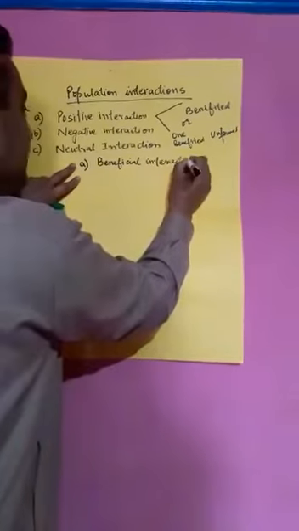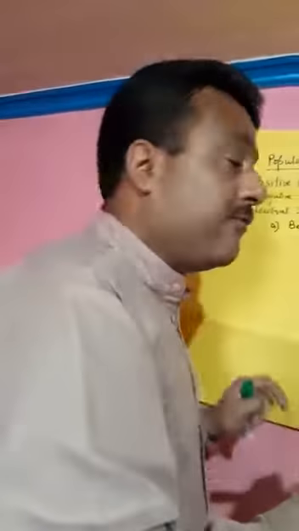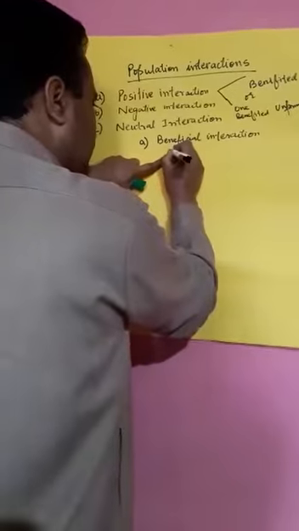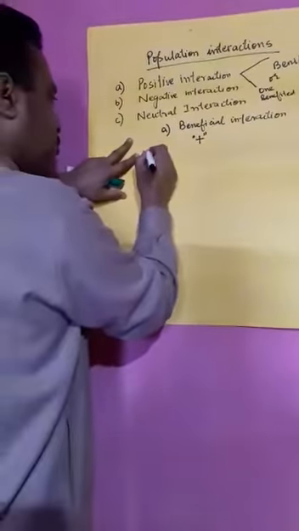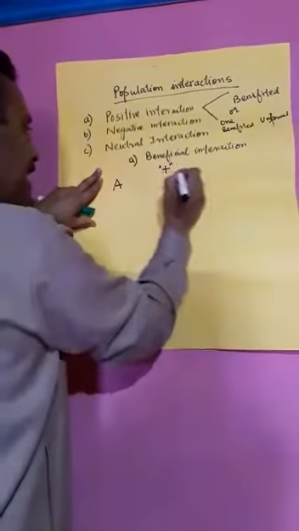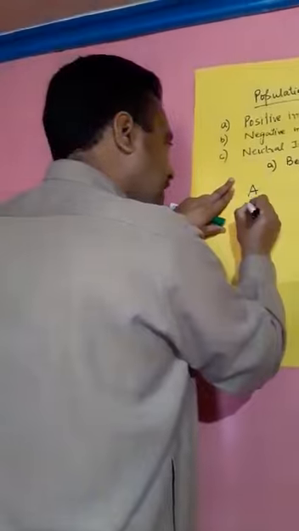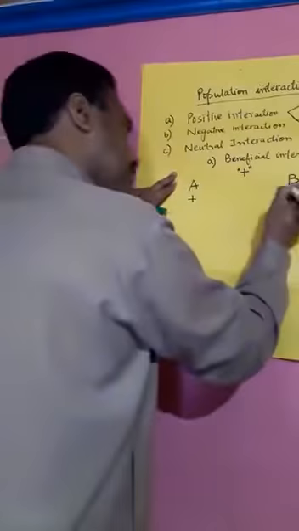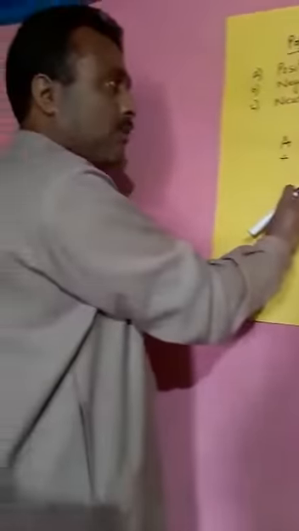Now, the species which is benefited is symbolized by a plus sign. For example, if we have two species A and B, if A is benefited, we write positive. If B is also benefited, we write positive.